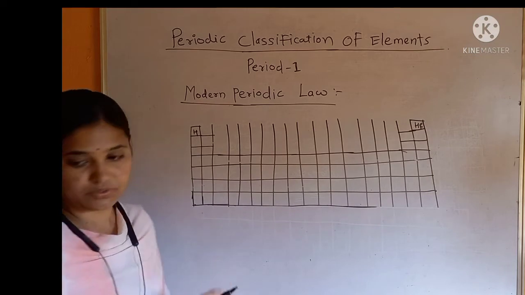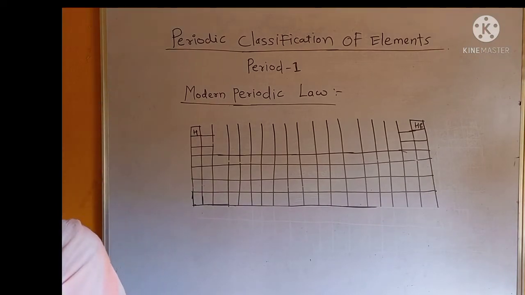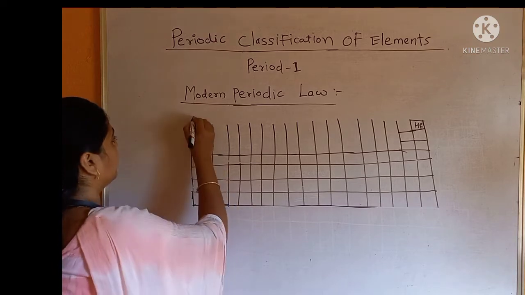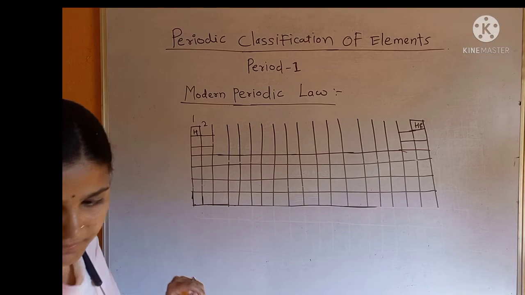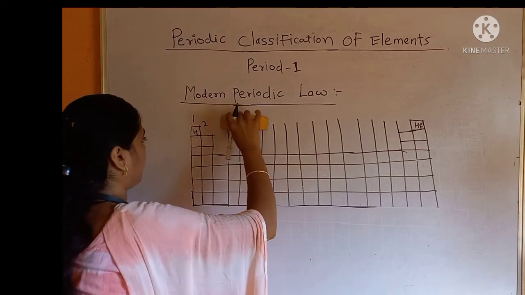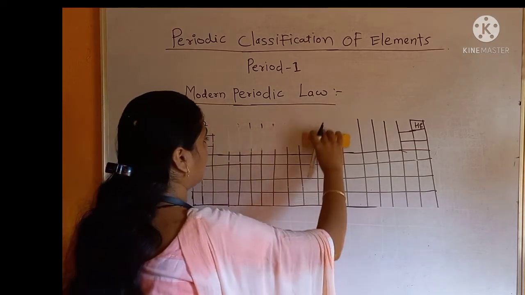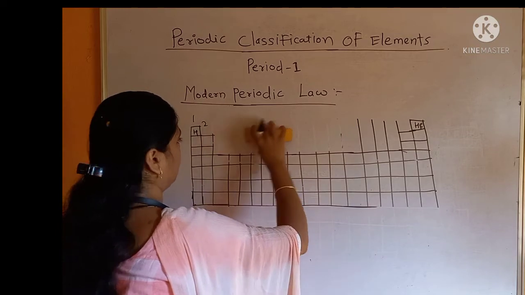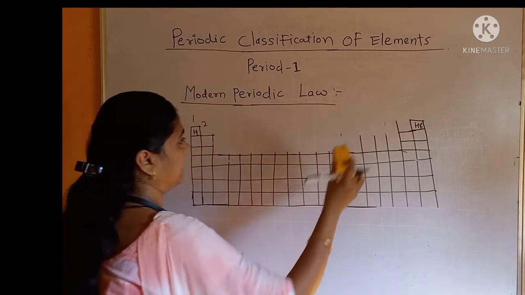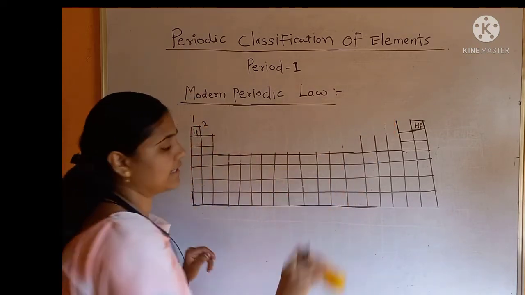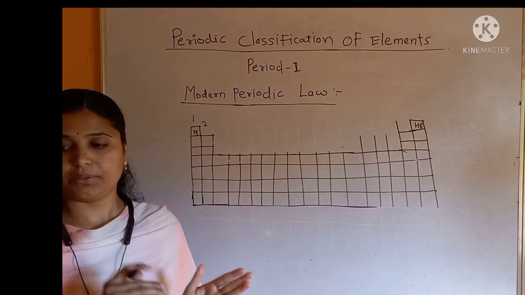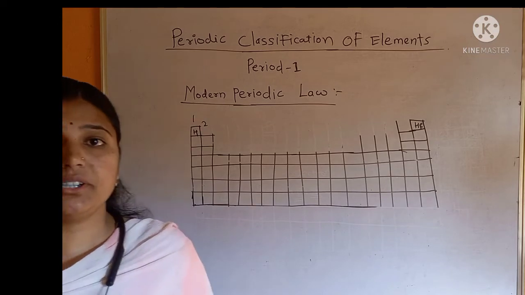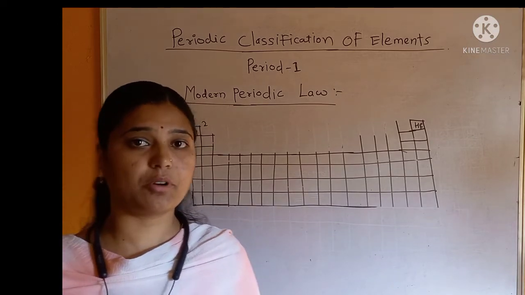After that, group number 1 and 2 are called the S block elements. Group number 3 to group number 12 are called the D block elements.